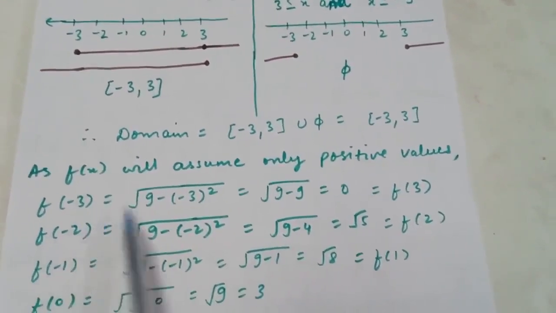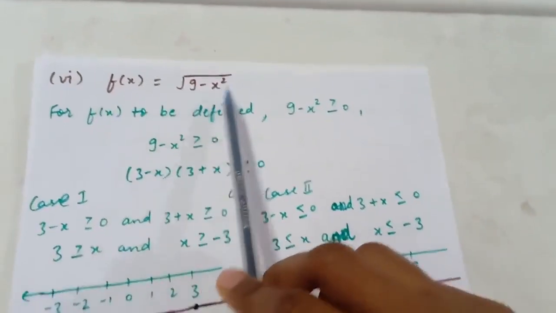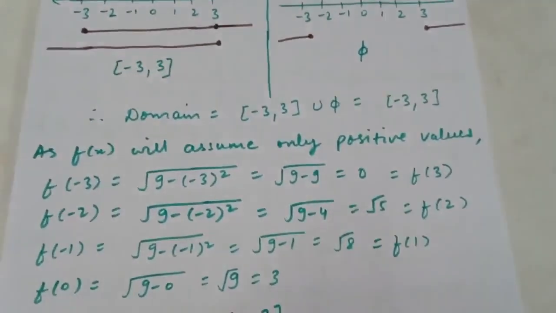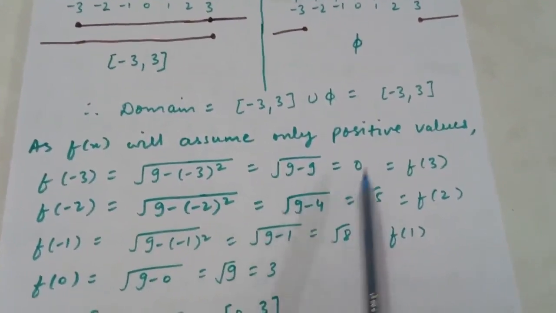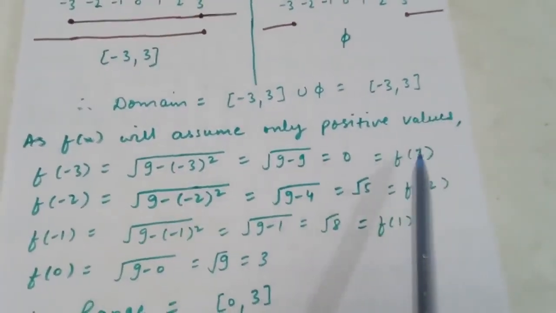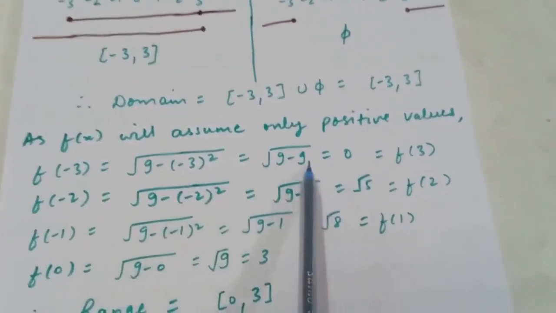So at x equal to minus 3 we can see, here it is root 9 minus x square. So root 9 minus minus 3 square, which is 9 minus 9, 0. And this f of minus 3 is equal to f of 3, because when you put 3 in place of x, 3 square is also 9.